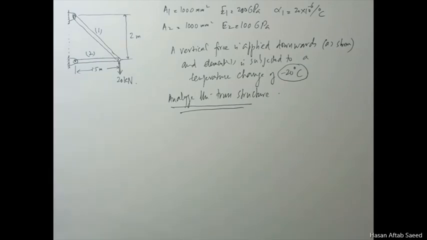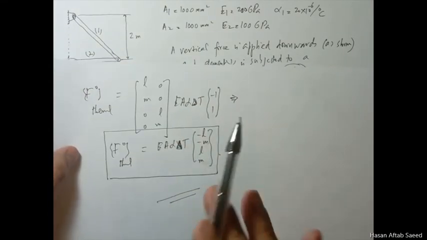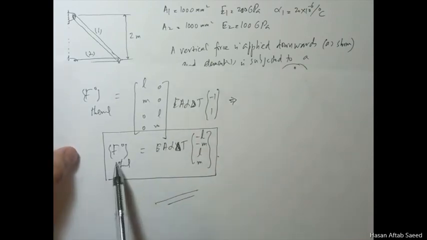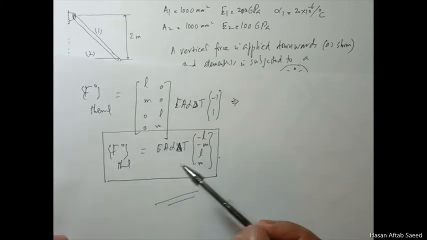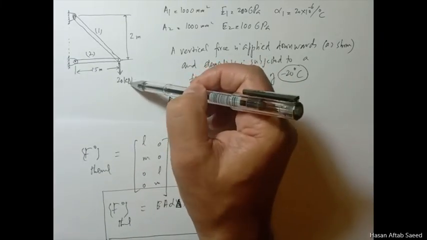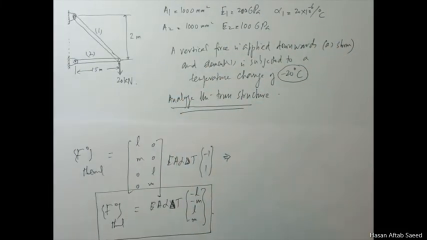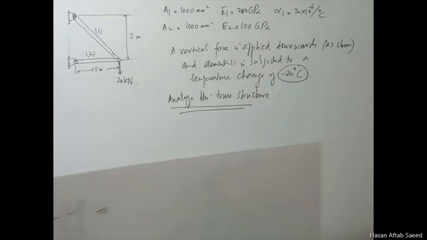So in this case obviously you'll need to use this one also. The rest will be the same, but for one of the elements the thermal force vector will be calculated again in the global system, and at the end you will add this 20 kilonewton, and then you'll solve the problem after assembly, and after all the displacements have been found out you'll find the strains.